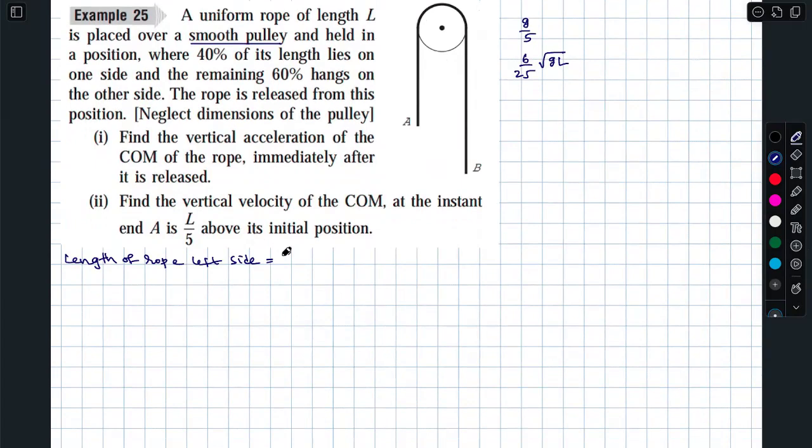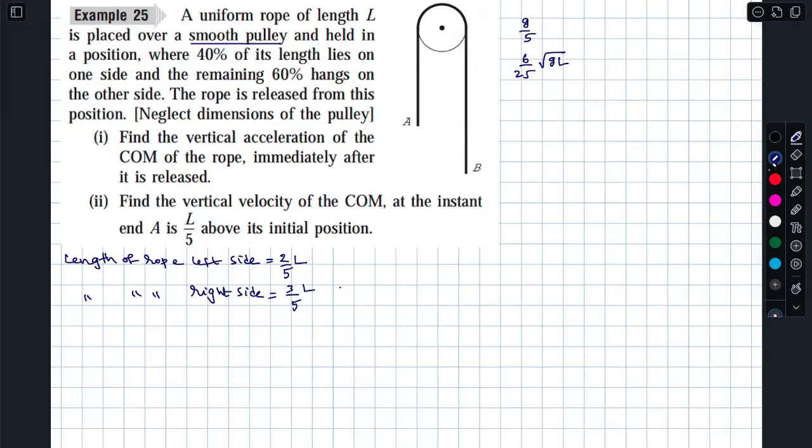So 2 by 5 parts of the total length. The length of the rope on the right side will be 3 by 5 L. It is like two blocks, left hand side and right hand side.